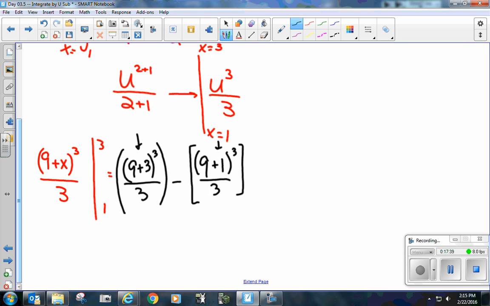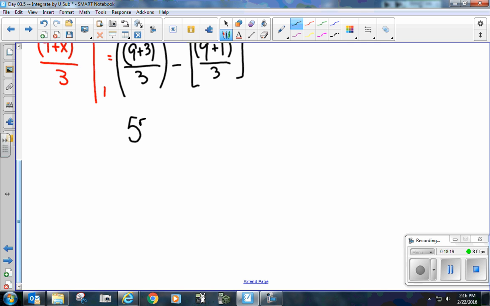Who's got your calculators? What is 12 cubed? So 144 times 12, divided by 3. 3 goes into 12 4 times. So you got 576.